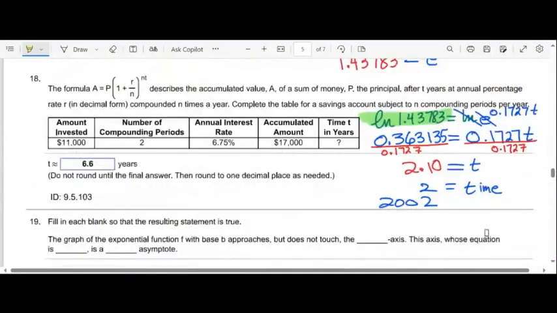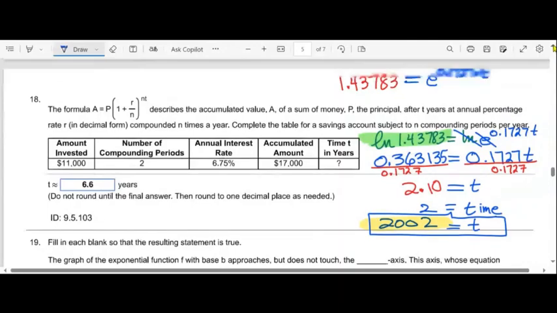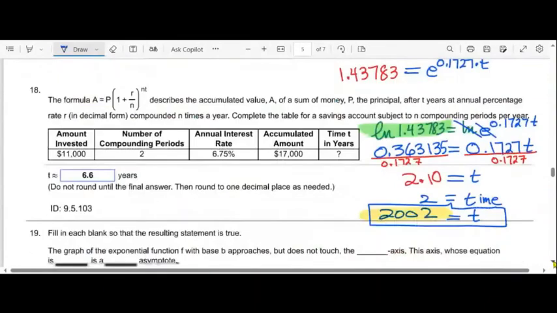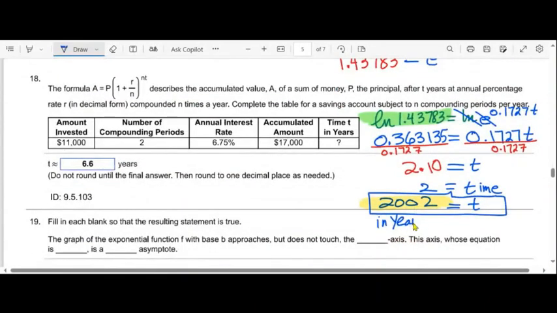So what year will the population reach 26.6 million? 2002. So in the year 2002, they will reach 26.6 million. Is this clear? Yes.